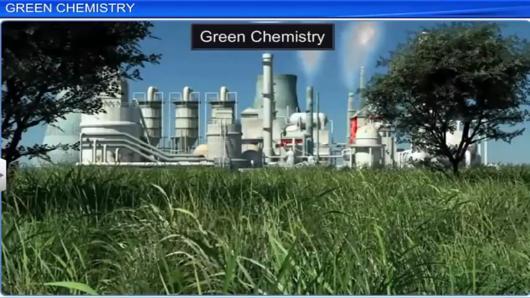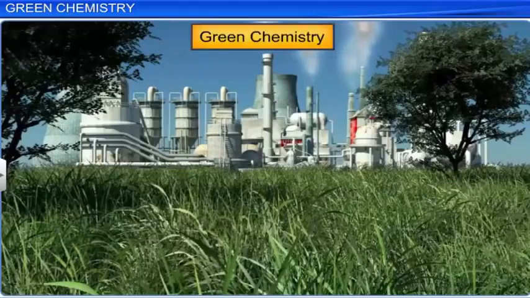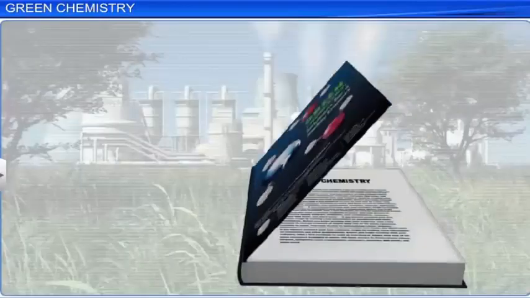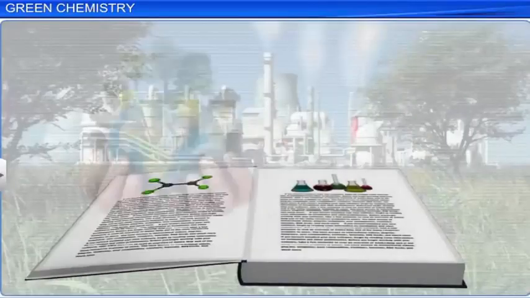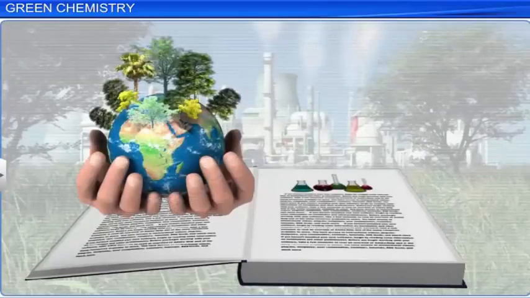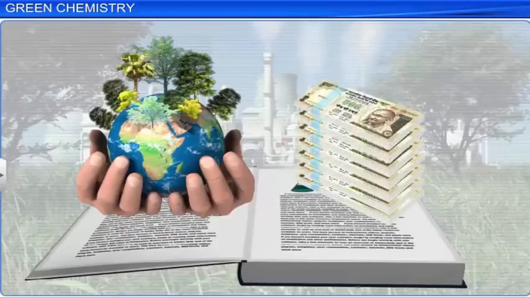The branch of chemistry which deals with the research and discovery of such methods is known as green chemistry. Green chemistry uses existing scientific knowledge to help find environment-friendly and cost-effective production methods.